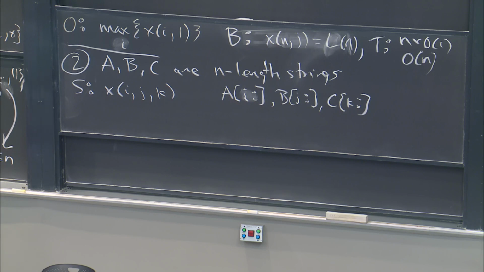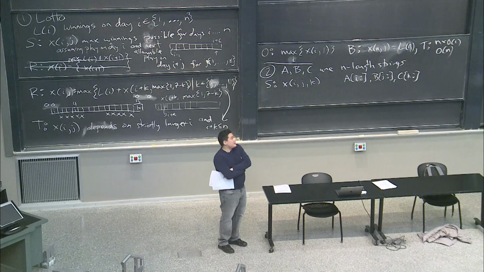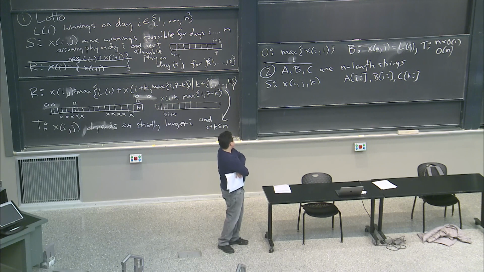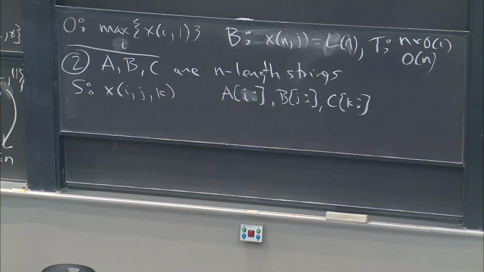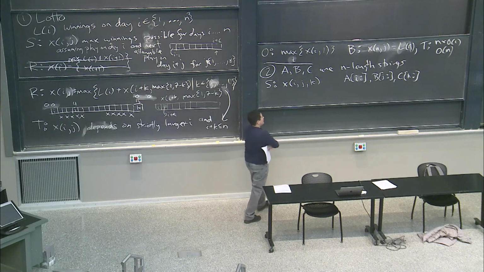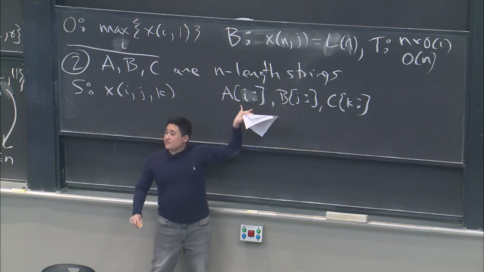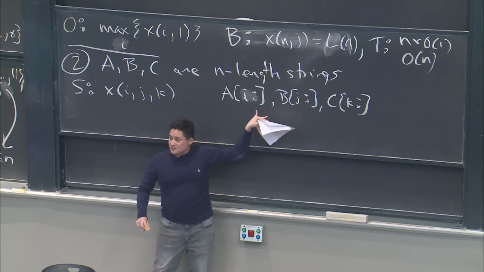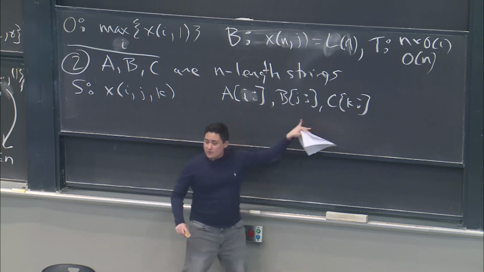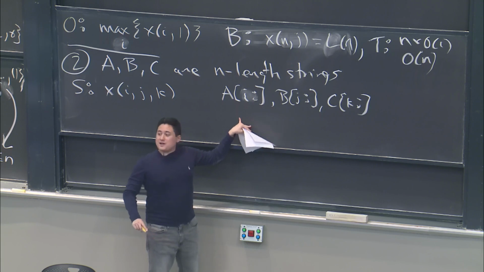I'll do it the way that I did it before, which is I can remember two different things here. I can remember how many things I have left to match in Alice in C, or I can remember how many things I've already matched in C to Alice.